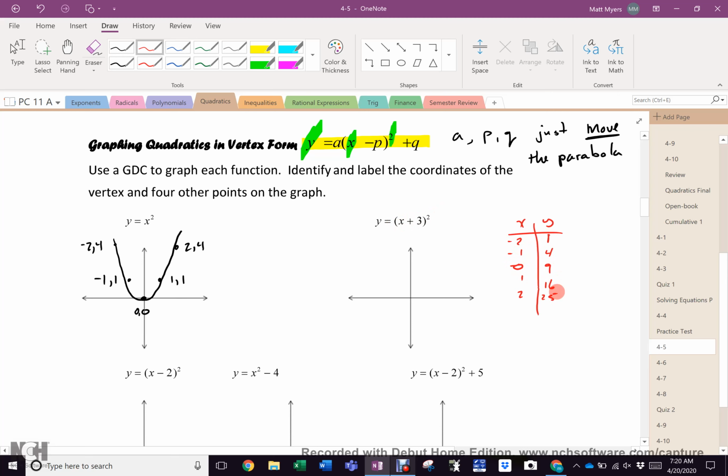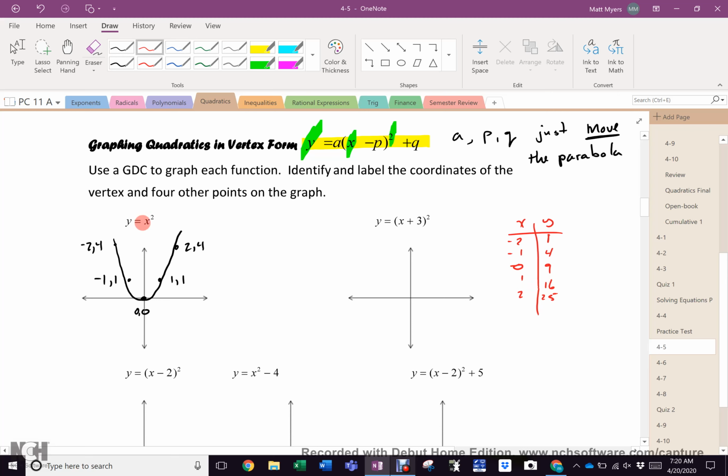Now we've got a bit of a problem here, don't we? Because our vertex, well, when we're at 0, we're up here at 9. We never got our vertex, did we?